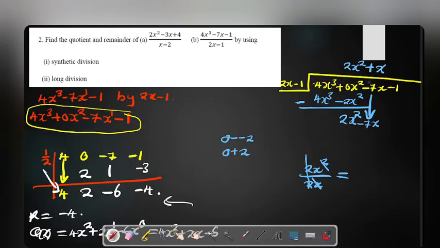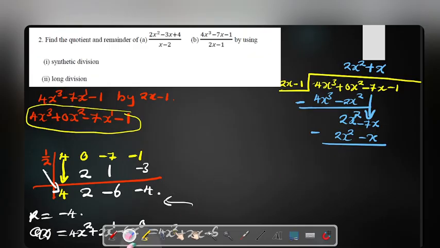Then x times 2x gives 2x squared, and x times negative 1 gives negative x. Here we subtract at this stage. Then 2x squared minus 2x squared will be 0.